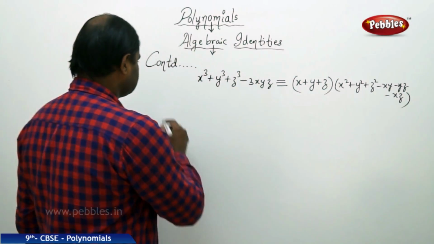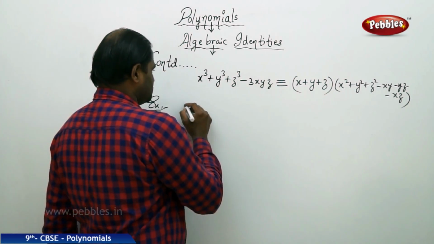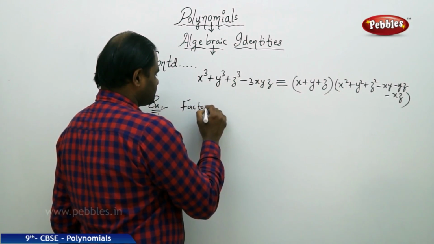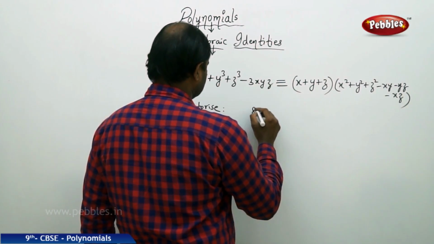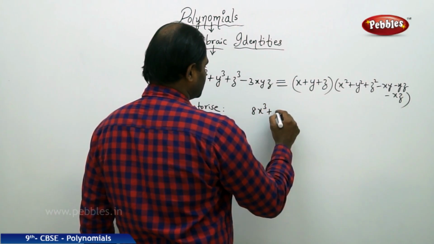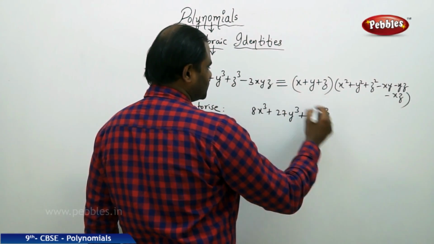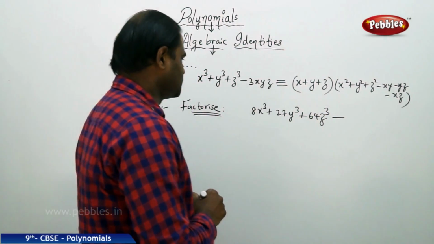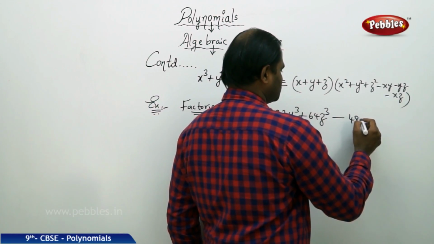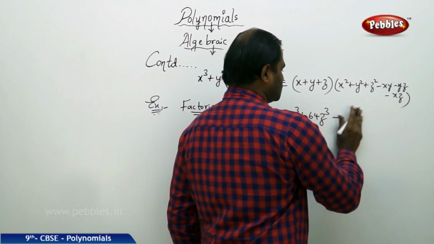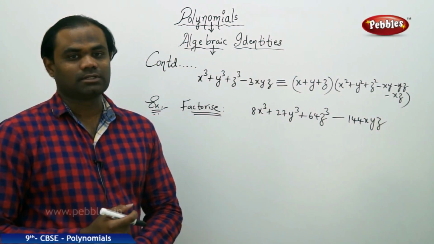Say for example, I have a problem which says: factorize 8x cube plus 27y cube plus 64z cube minus 144xyz.